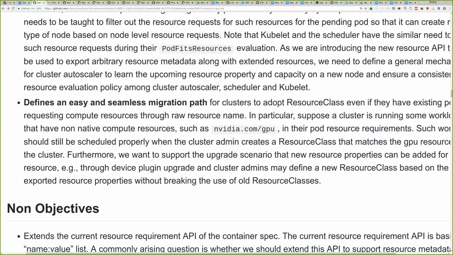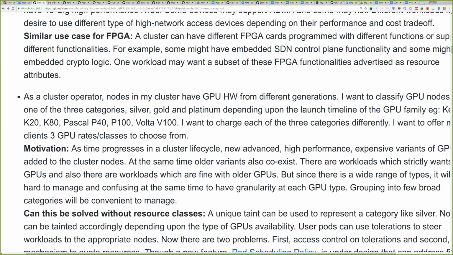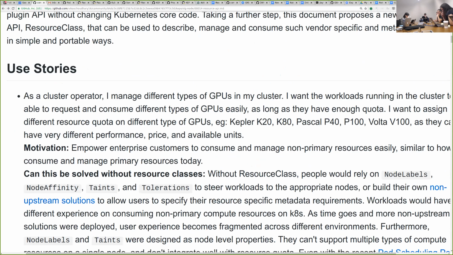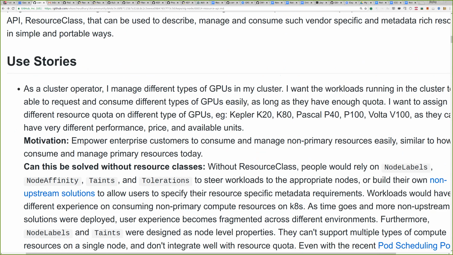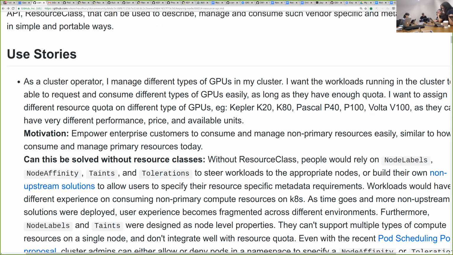I think one question to Jiaying is the first use case, which is that the cluster has different types of GPU, which is a heterogeneous setup. So the question is, is this a common use case, or maybe it's easier for the administrator to manage that, to make sure they are using the same type of GPU in the same cluster? It's actually a real use case that we have seen even on GKE.